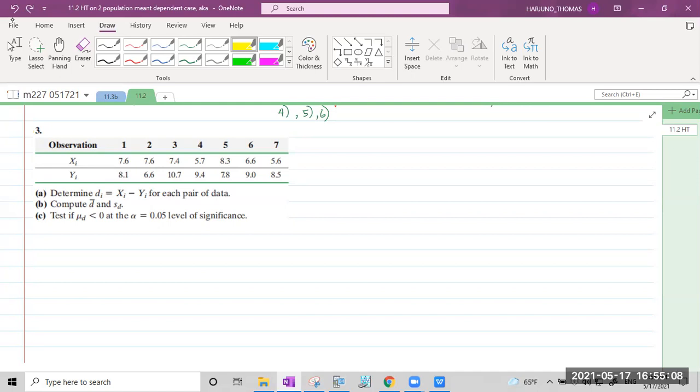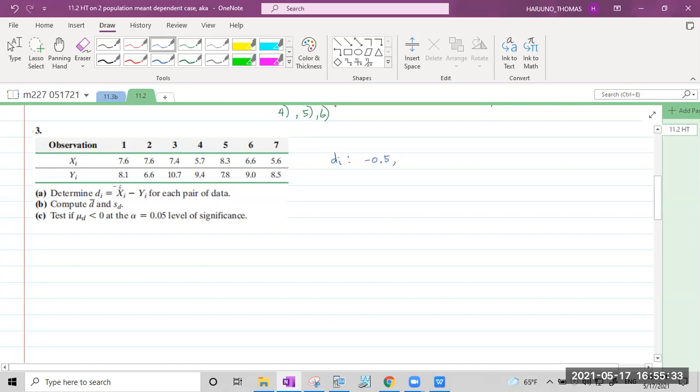Now, part A, ABC actually help us with what we need to do. So part A, find the difference, the Di, xi minus yi. So x1 minus y1, that will be negative 0.5, right? If you subtract this.